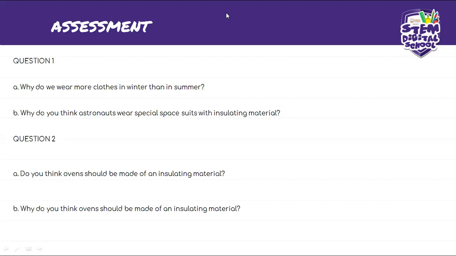For example, in winter our bodies contain more heat than our surroundings. So the heat from our bodies radiates out and goes to where the heat is less, and at the end of the day, we feel cold. As the heat from us goes out more, we feel colder. So what you need to do is wear warm clothes like blankets and jackets so that we can keep warm.